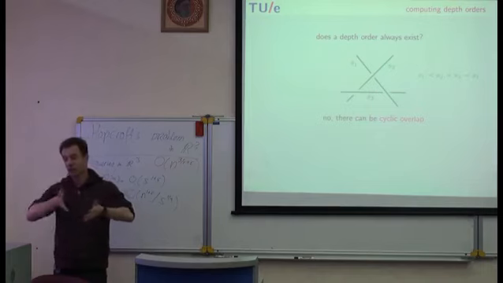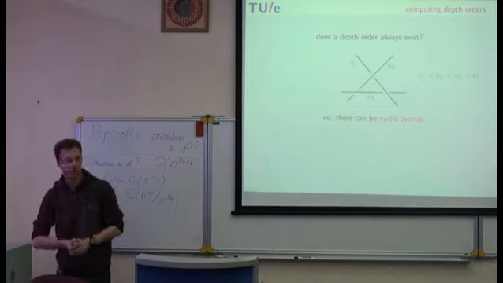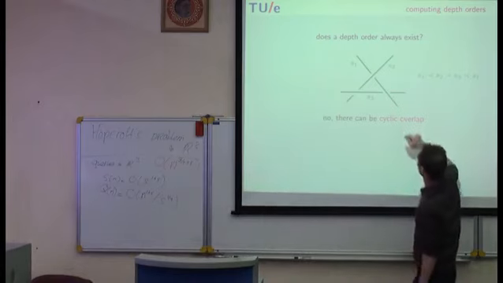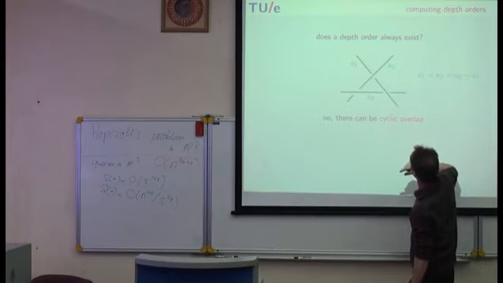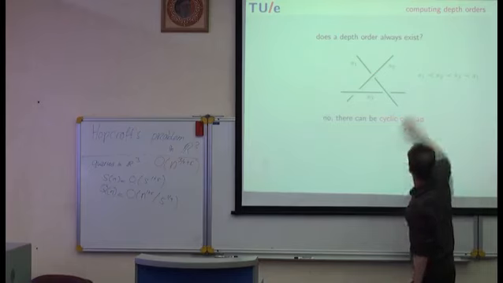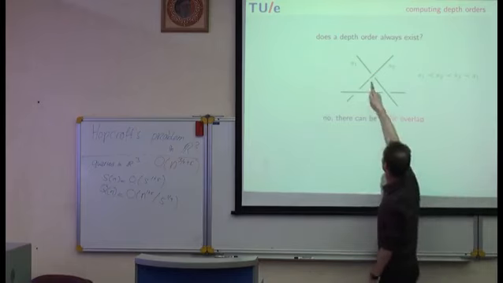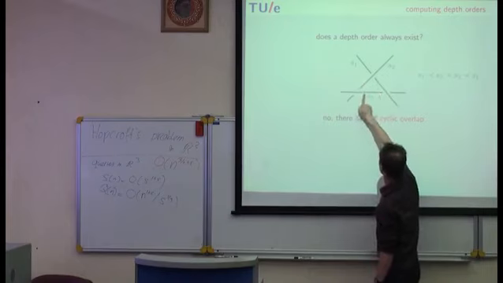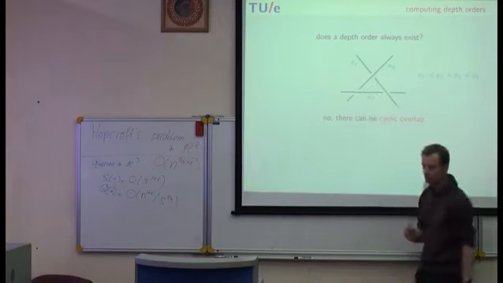In this relation there can be a cycle. So S1 is below S2, S2 is below S3, S3 is below S1.